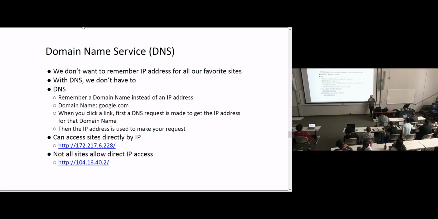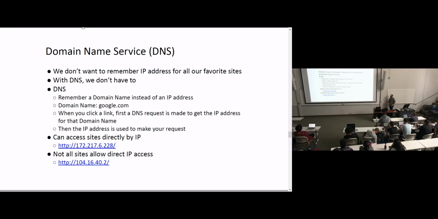So we type google.com. That google.com gets sent to a DNS server. The DNS server says, here's your IP address for Google. And then your browser makes a request to this IP address. But you can't make a request to a DNS domain name. That domain name just goes to the DNS, gives you the IP, then you make the request to the IP.